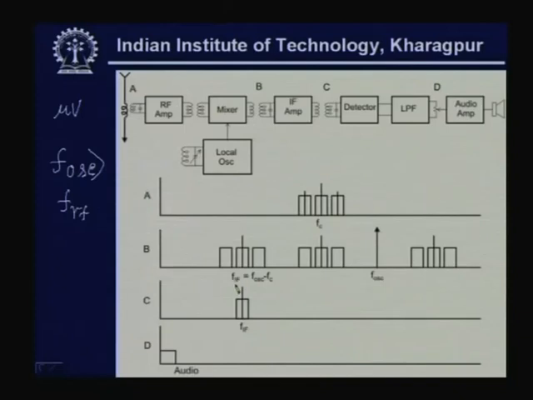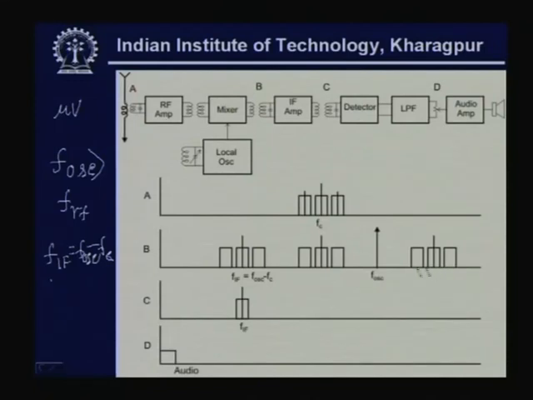You will get intermediate frequencies equal to FOSC minus FC and FOSC plus FC. That means you get FIF equal to FOSC minus FC and also FOSC plus FC. These two will be there.